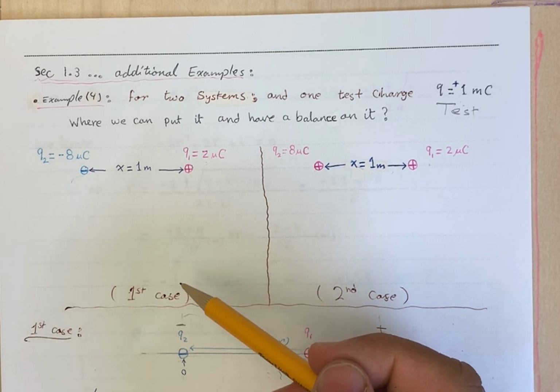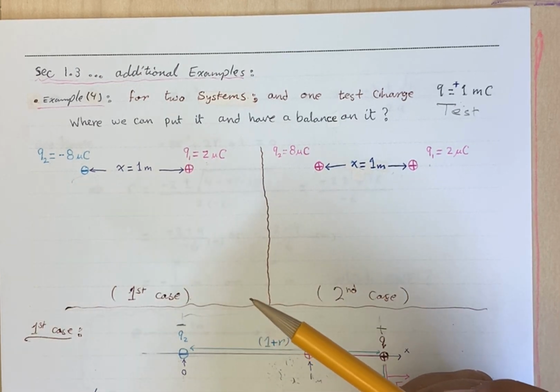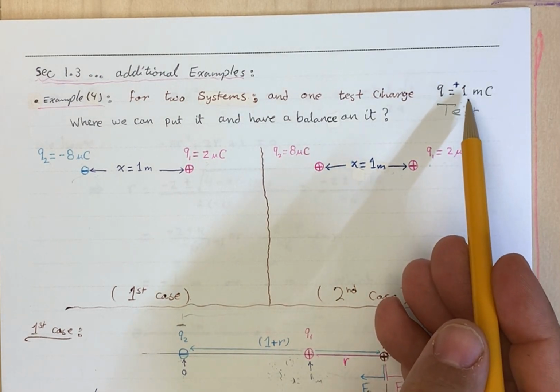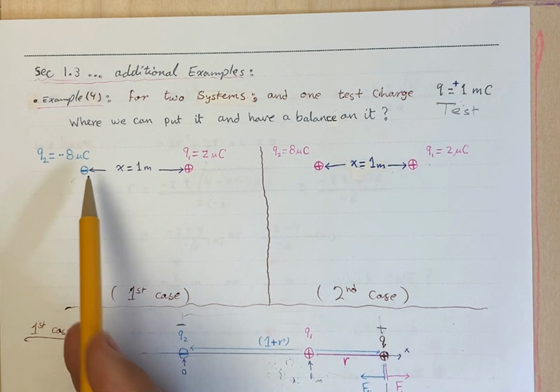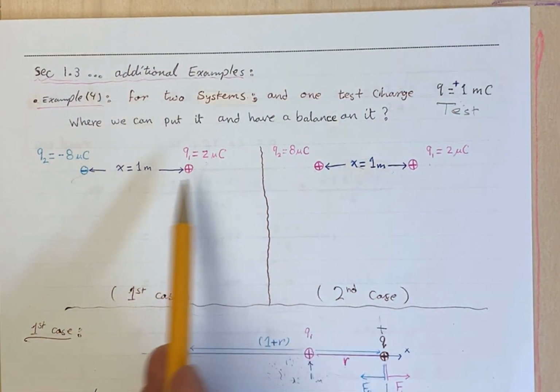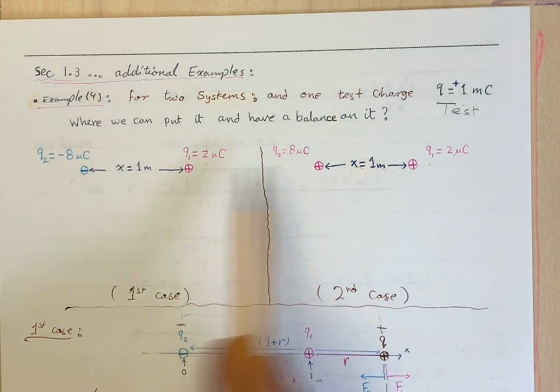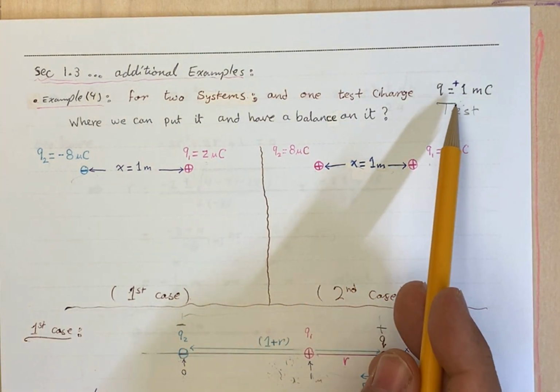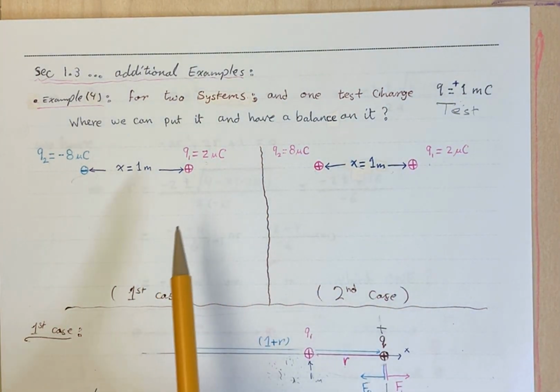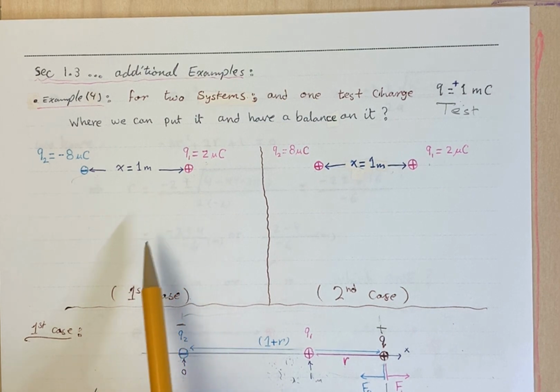The balance means the total force on this test charge is 0. Total forces from where? We have two charges, and we need to put this charge in a position in each system, and at this position the total force on this test charge should be 0.